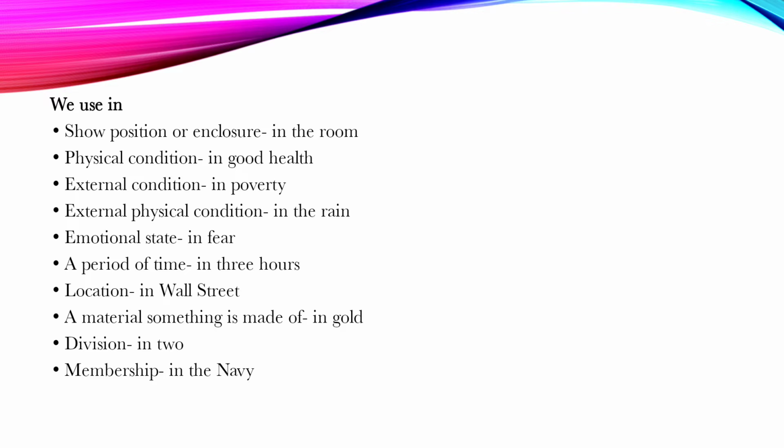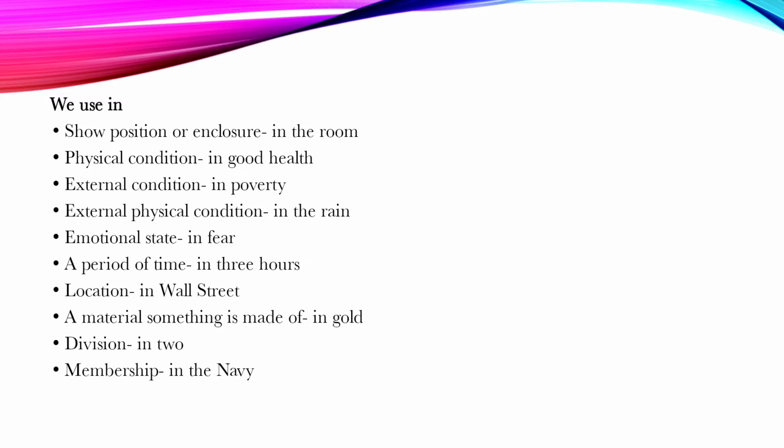Then, in is used to express a physical condition. I am in good health. Now, external condition. External condition means something that comes from an external concept. In poverty. Poverty is a condition and it is external. We can see that they are in poverty, so we say in poverty.